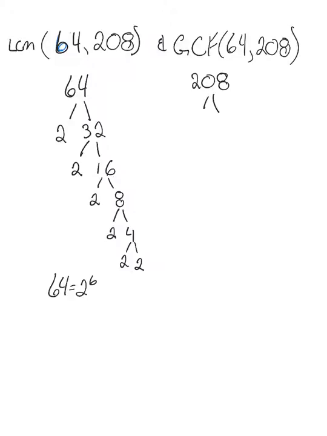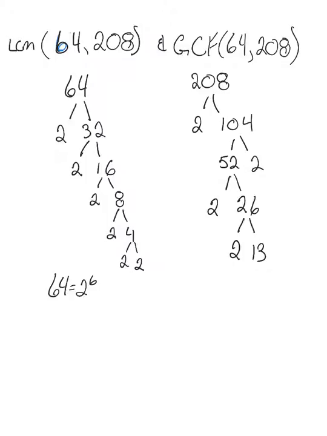And 208 can be divided into 2 times 104, which is 2 times 52, which is 2 times 26, which is 2 times 13, and 13 is prime, so it cannot be subdivided even further. So 208 will equal 2 to the 4 times 13.